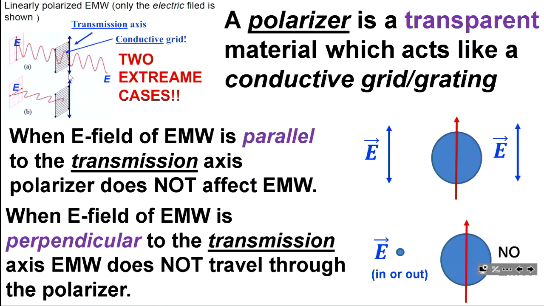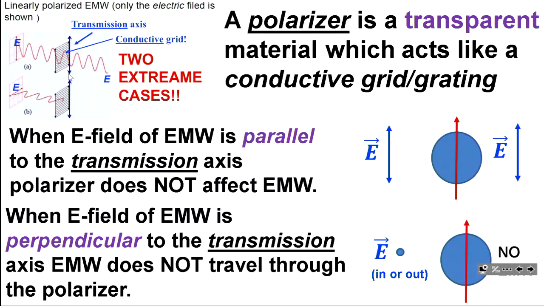this direction, which doesn't affect the wave, has a name, the transmission axis. This device has a name, a polarizer, and we will soon say why. So when the electric field of a wave is parallel to the transmission axis, it travels through without any change.